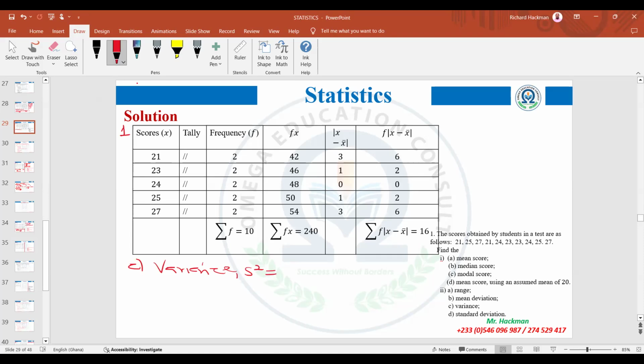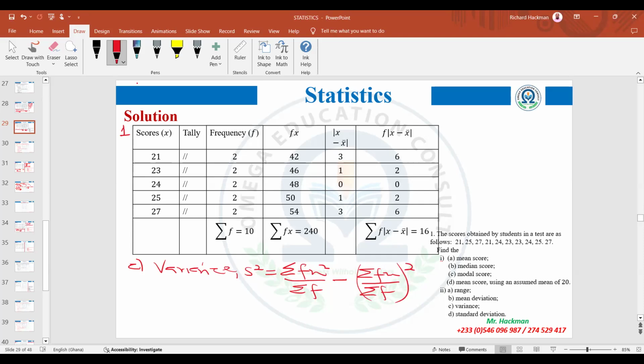We are going to use the expanded version of the formula, and that is sigma fx squared over sigma f, then minus sigma fx over sigma f, the whole of that squared. So this is all that we are going to do.